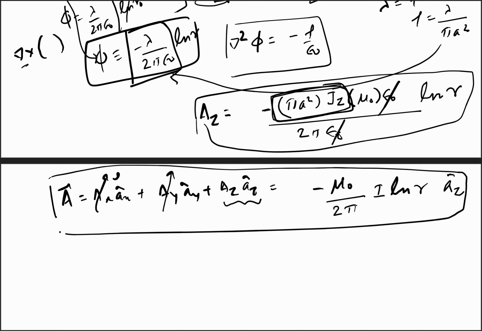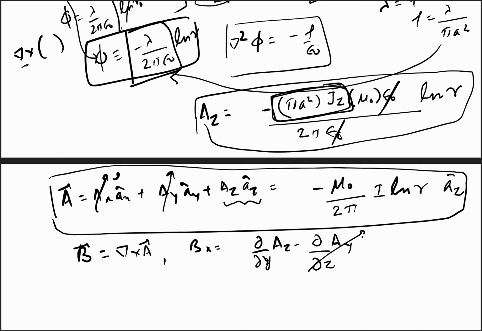So this is the vector potential. Now we can find the field B is equal to del cross A, where Bx will be equal to dou by dou y Az minus dou by dou z Ay.